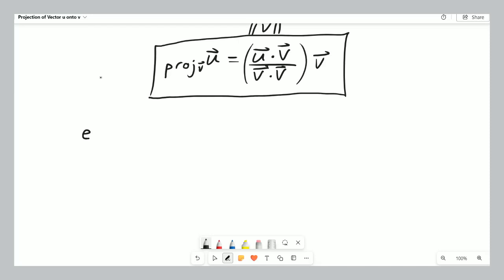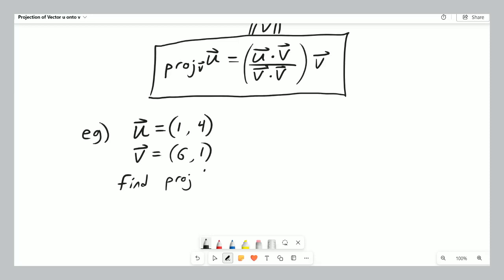So, let's do an example. Let's say u is equal to 1, 4. We're just going to do a two-dimensional example. And let's say v is equal to 6, 1. And we want to find the projection of u onto v.